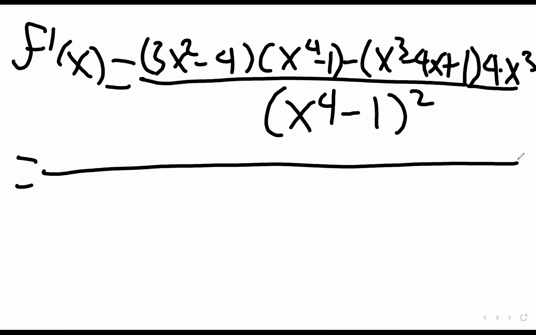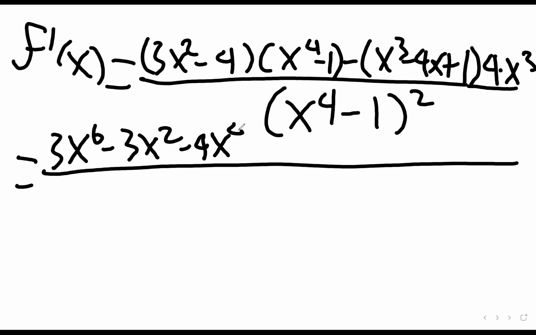First expand it: 3x to the power 6 minus 3x squared minus 4x to the power 4 plus 4, minus 4x to the power 6, minus 4x to the power 4.